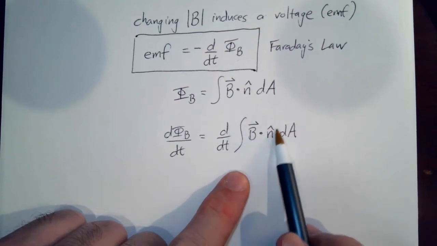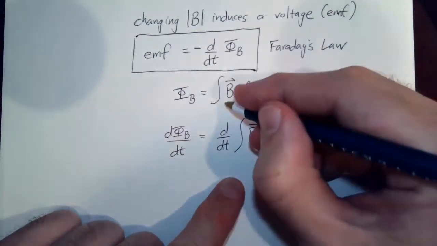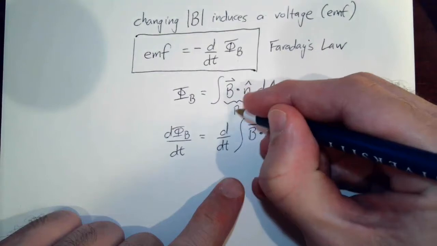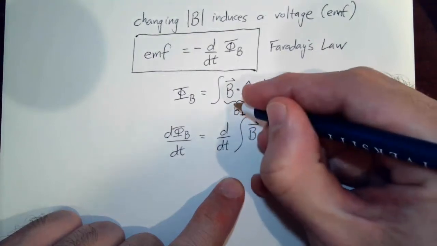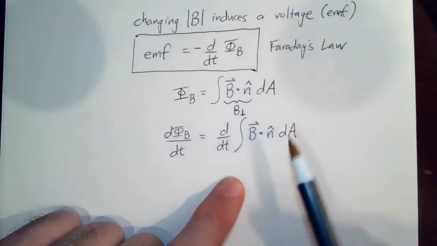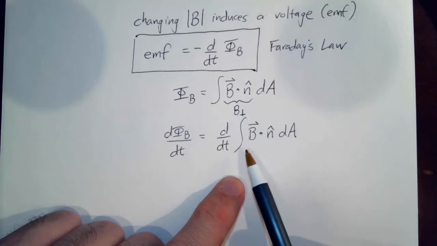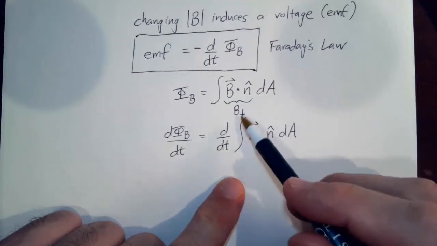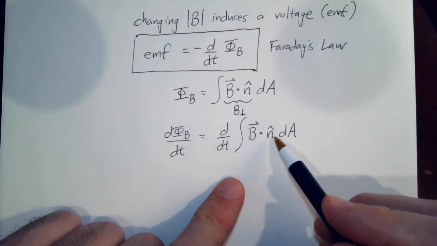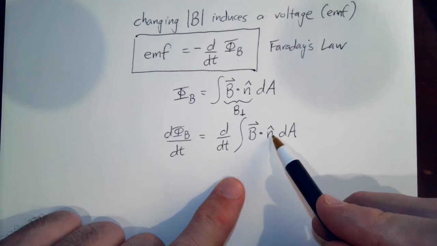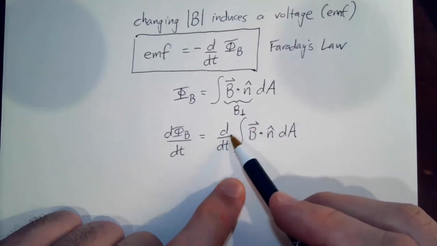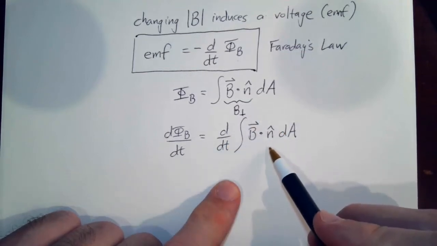First of all, this gives me the component. I can call this B perpendicular. It gives me the component of B that's perpendicular to the area that I'm integrating over. And so if the angle between B and the normal of the area changes, then that's going to be a changing flux, and the time derivative will be non-zero.